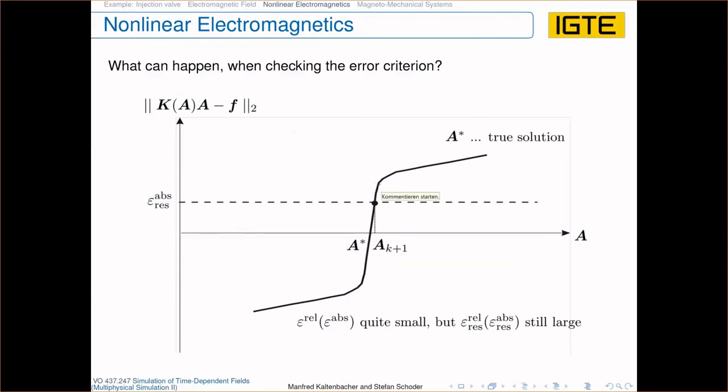Then it is clear that in the error criterion the value will be quite small, but as you can see here, you are still far away concerning the residual. That can happen.